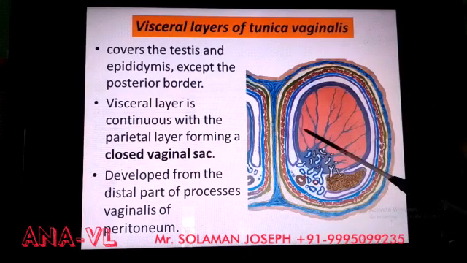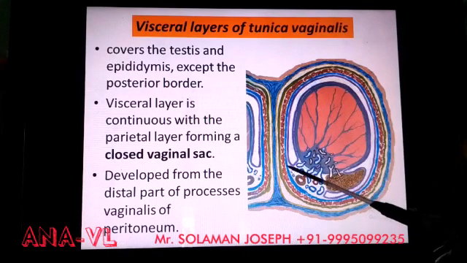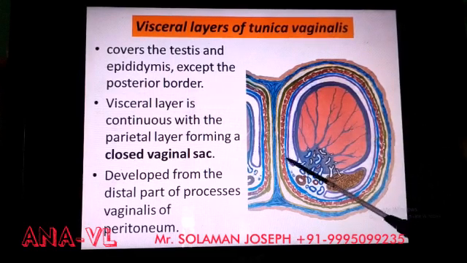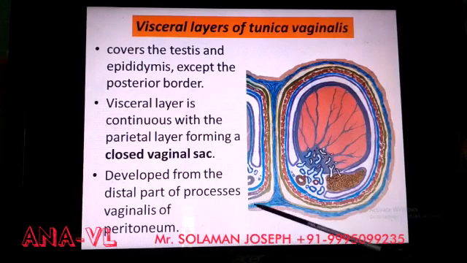The visceral layer is continuous with the parietal layer of the tunica vaginalis, and that forms a closed sac. That sac is called the closed vaginal sac, and it is developed from the distal part of the processus vaginalis of the peritoneum.